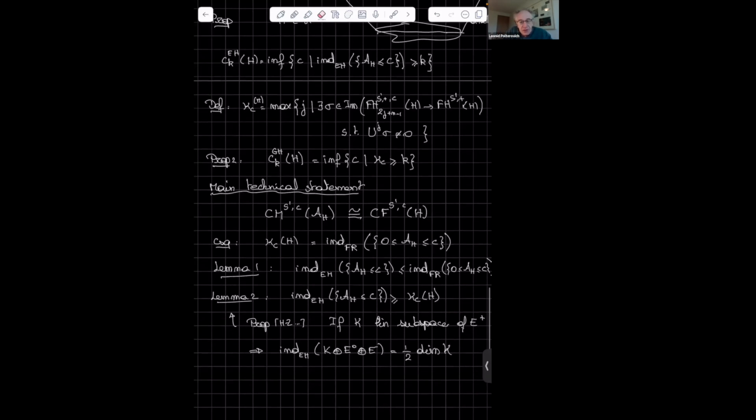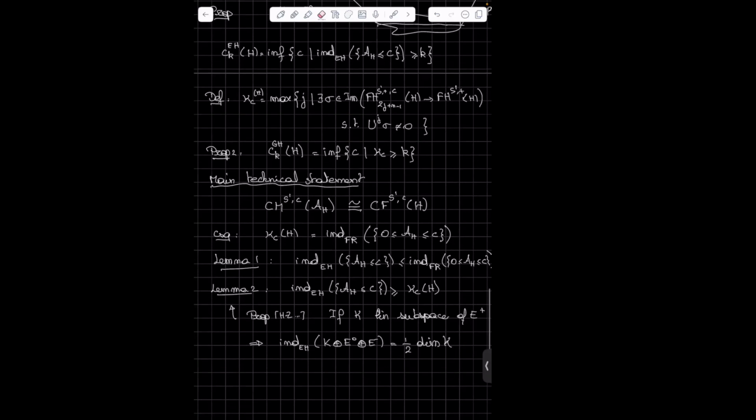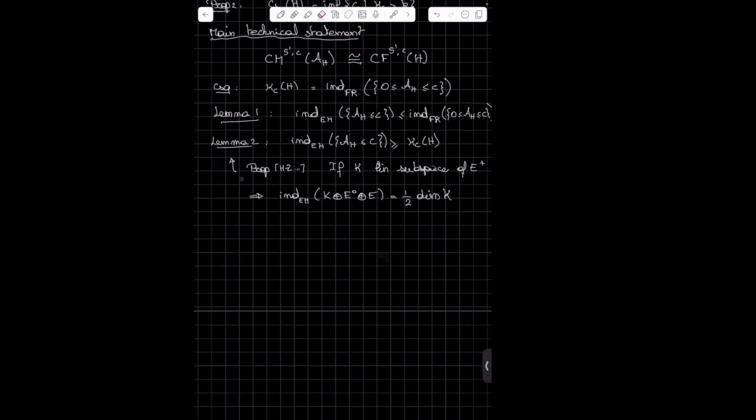What I would say, I hope Helmut doesn't shout at me too much, is to take the group gamma, let me try to write something, to roughly be all elements of the type flow at time t by minus the gradient of AH. You might have to truncate the flow at infinity, but roughly that's what gamma should be.